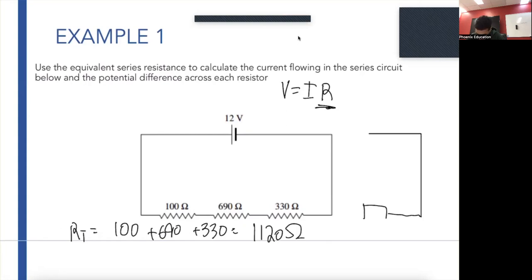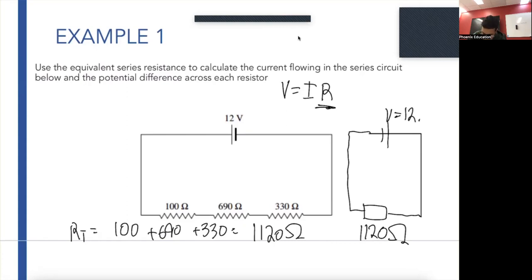So I'm just redrawing this circuit to make it easier. You don't have to do it for this simple example, but just to show you guys, I'm making an easy example, okay? So this would be 1120 ohms, correct? And we know that this voltage is 12 volts. So now that we have a simple circuit of one resistor and one voltage, we can apply Ohm's law.